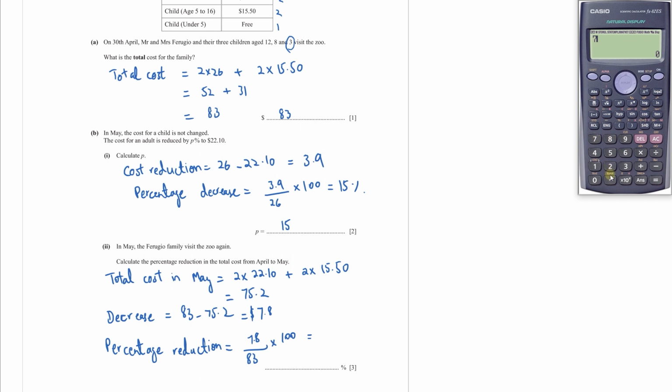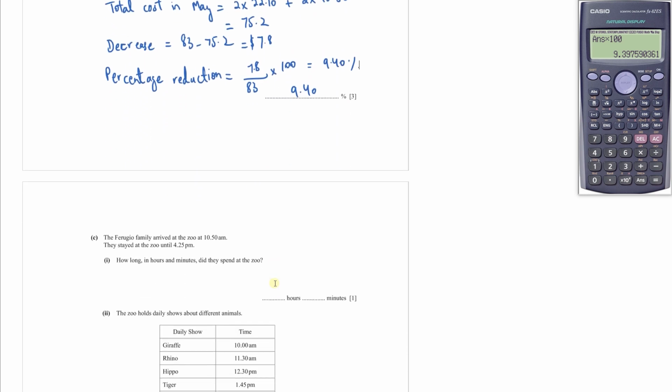So this is 7.8 divided by 83, times 100, which is 9.397. I will write it up to 3 significant figures, so this will be 9.40%. This is the percentage reduction in cost for this family in May.